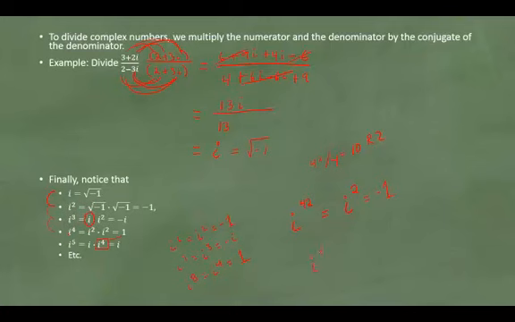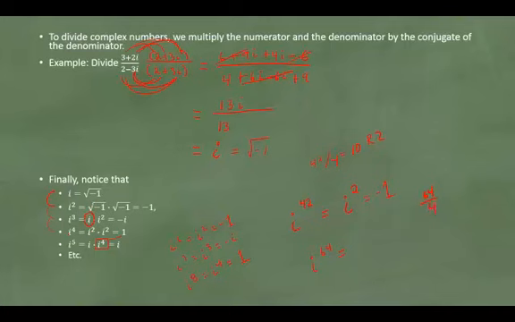i to the 64th. What about that? And we're going to ask ourselves, how many times does 4 go into 64? Well, 64 divided by 4 goes into it evenly, actually.